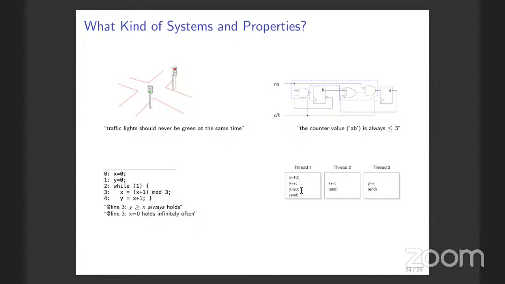So the atomic actions and their granularity are very important before you can actually determine the behavior. But the point I'm making is that the way these three threads are composed here is different from the way the components are composed in the first two examples, which are instances of what I call synchronous systems, where there is a global clock that synchronizes all the events, and the states of all the concurrent components are updated simultaneously.